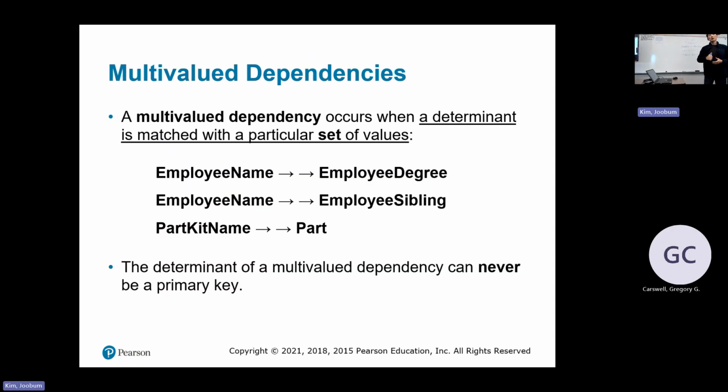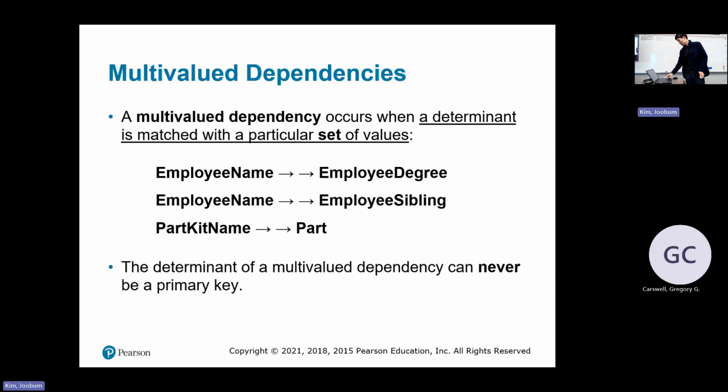Okay. So the next one, multi-valued dependency. A little bit different concept. In a functional dependency, we only think that one column must determine the other column. If multiple values in column B are associated with one value of column A, we can say there's no functional dependency.